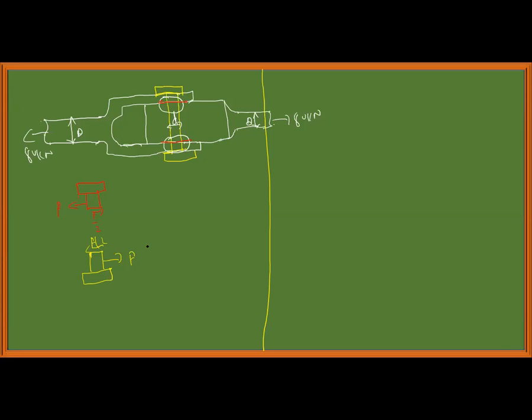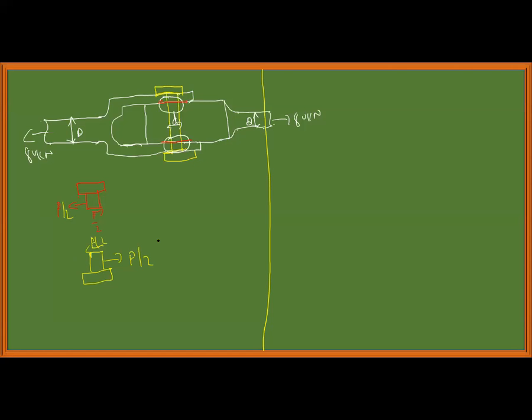Give me a moment. This is F by 2, then it can be F by 2. I will clarify this thought. This has to be F by 2. It can't be F. This has to be F by 2, and this has to be F by 2.